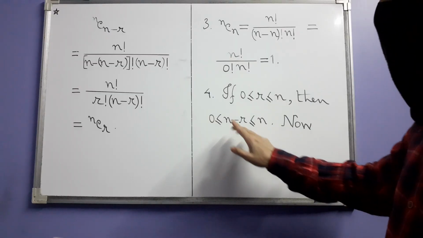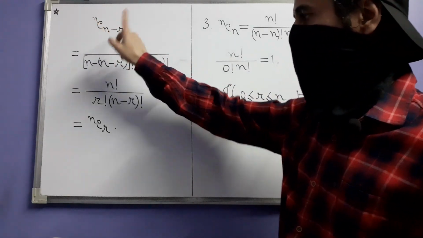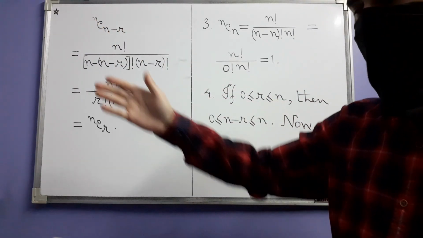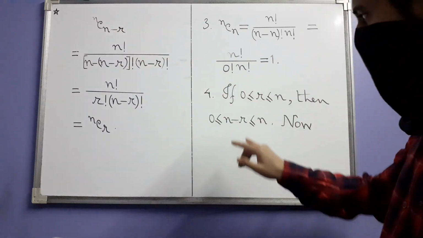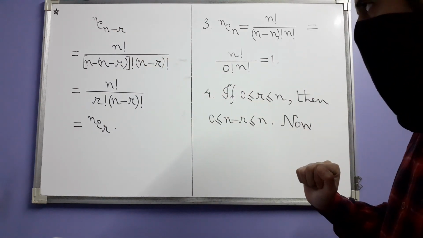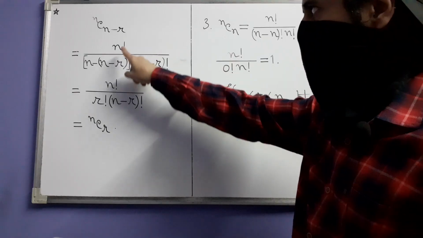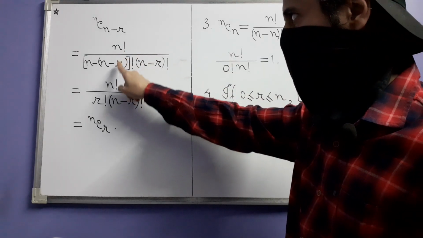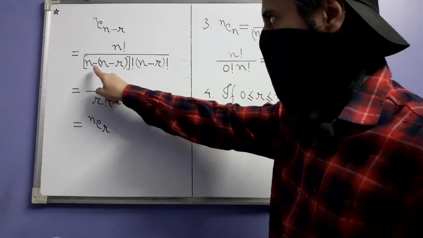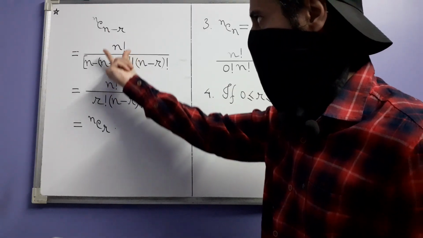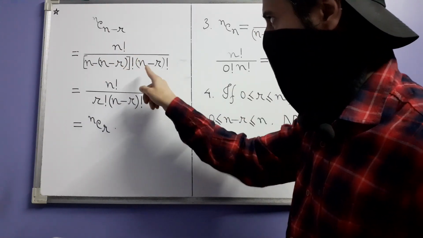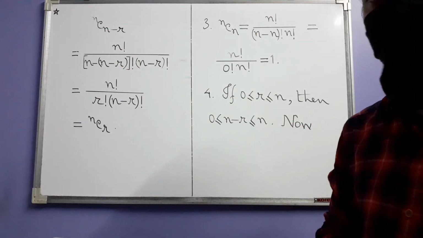Now what will happen if we take nC(n minus r)? We can choose here n minus r because it satisfies these inequalities. By using the formula for nCr, we get this: n factorial divided by n minus this lower number factorial times the lower number factorial.